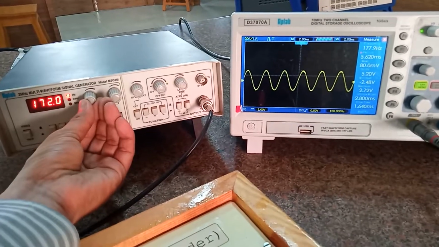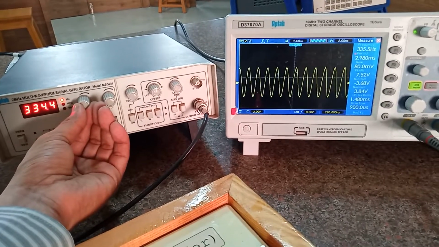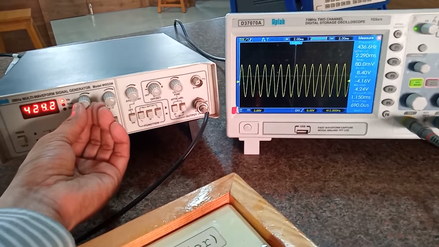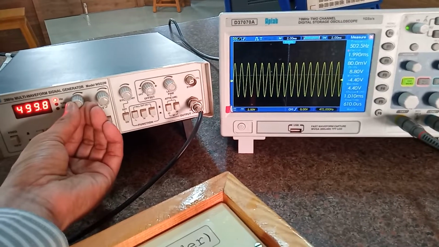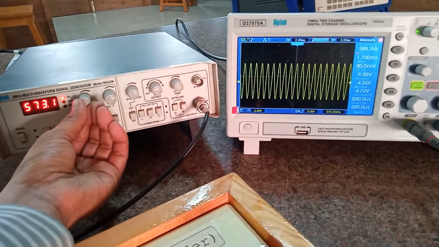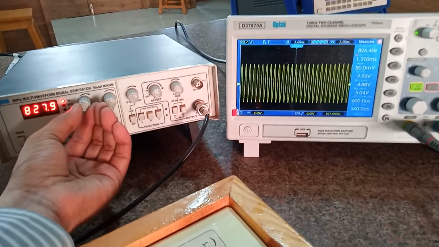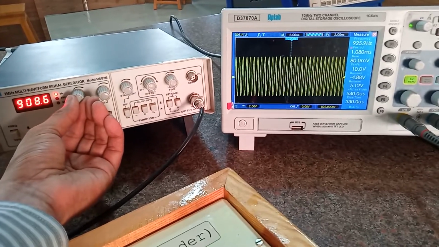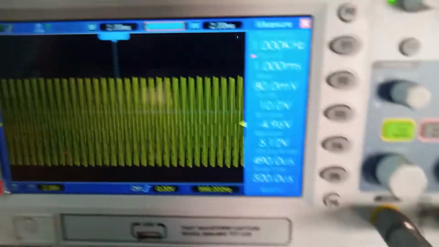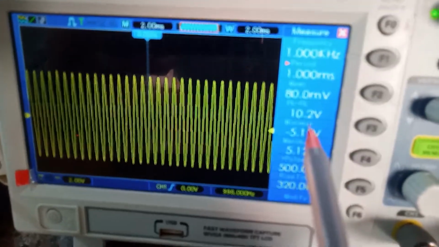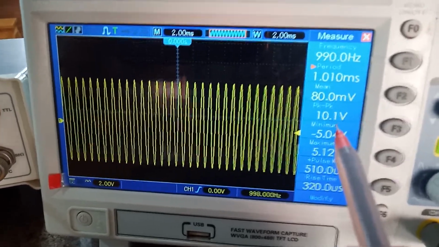I am increasing the frequency, and you will see the increase in the voltage of the signal. Yes, the voltage is increasing: 8.40, 8.56, 8.64, 8.72. With the increase in frequency, voltage is increasing. The voltage has reached 10 volt, which is our requirement because the gain is 11.